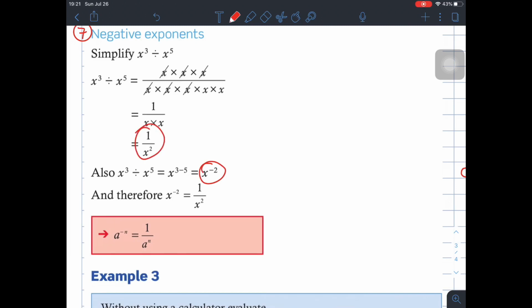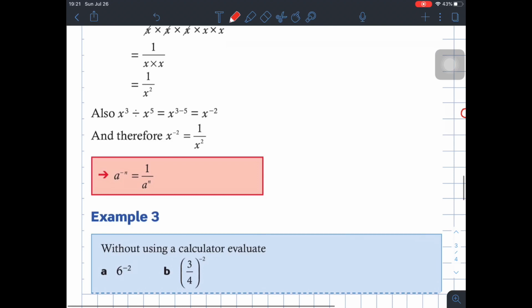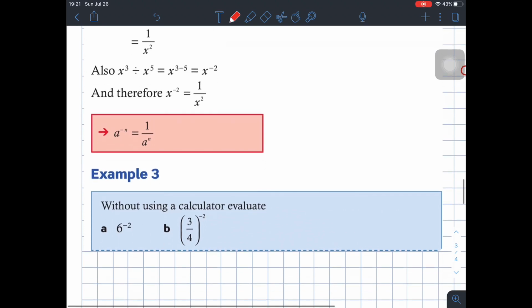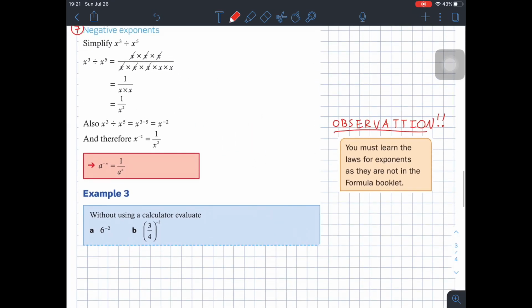And this is a very important law, which is that if I have x to the power of negative 2, I can turn this exponent to a positive number by taking it to the denominator. Okay, so x to the power of negative 2 is equal to 1 over x squared. So as a general rule, a to the power of negative n is equal to 1 over a to the power of n.